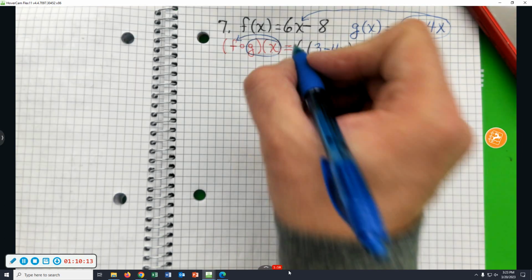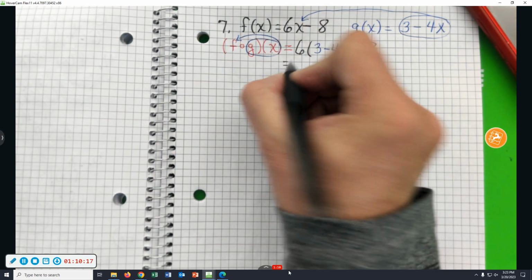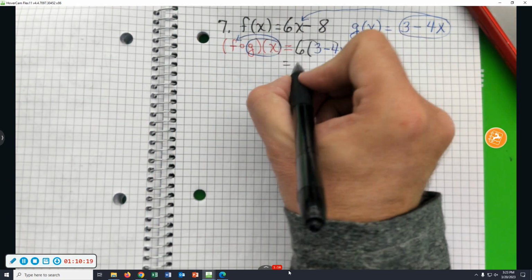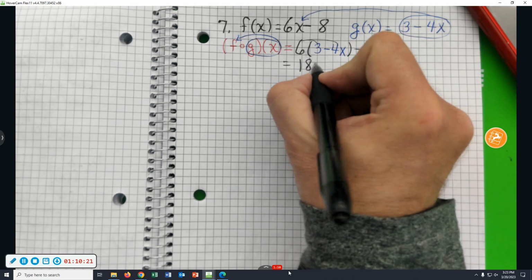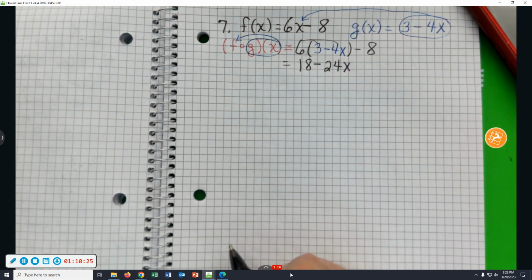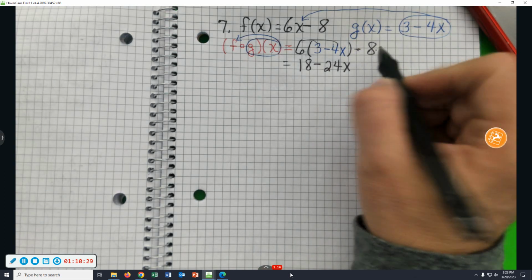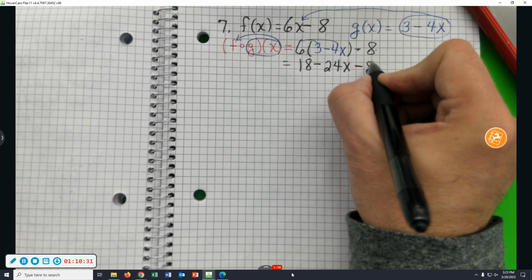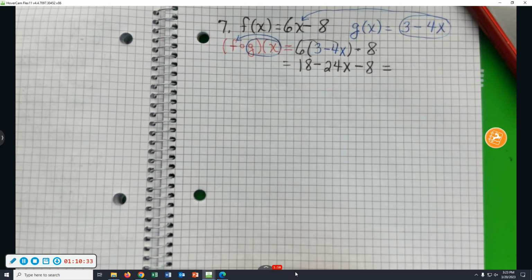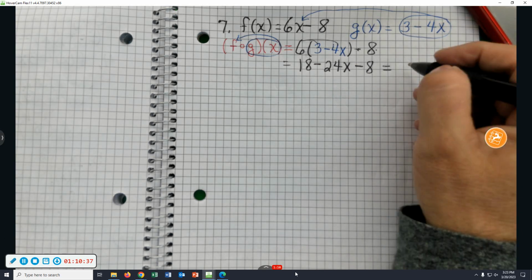Now, how does this simplify? Let's see. We'd have 18 minus 24x, and we still have this minus 8. So I'll just subtract the 18 minus 8 and call it a 10.